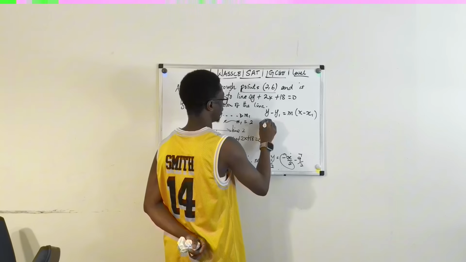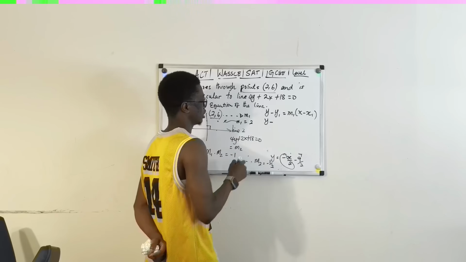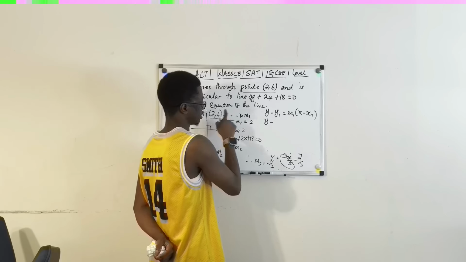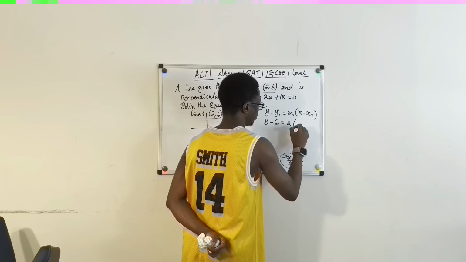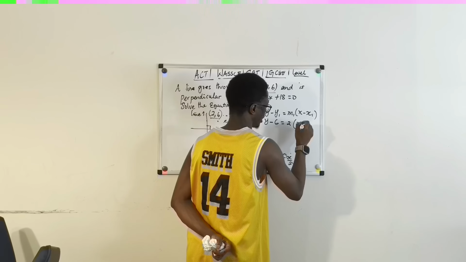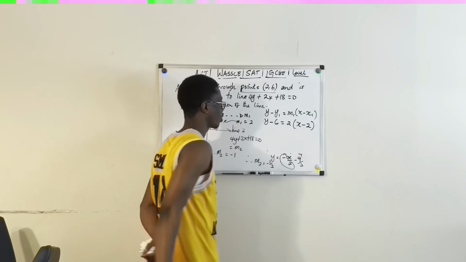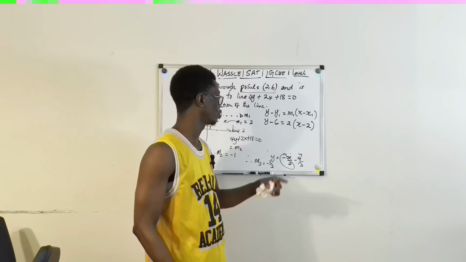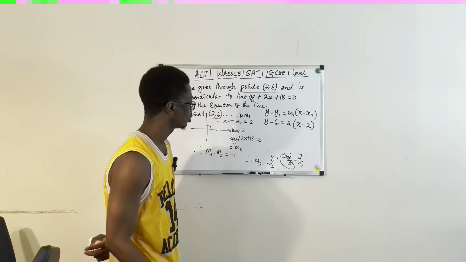So now we have y minus y1, and this should be just m1. y1 is 6 equals m1, which is 2, into x minus x1, which is this 2 here.